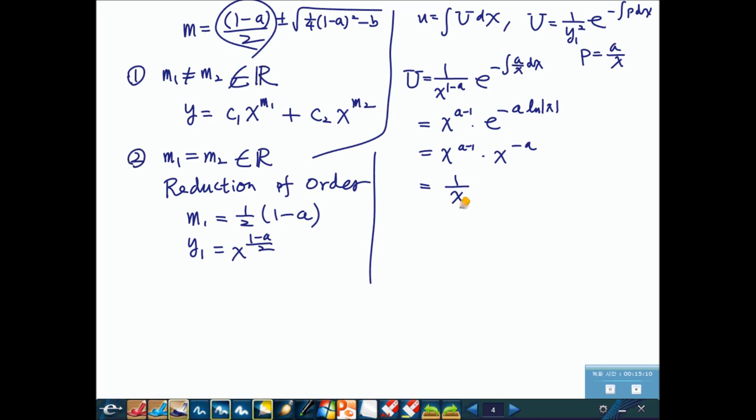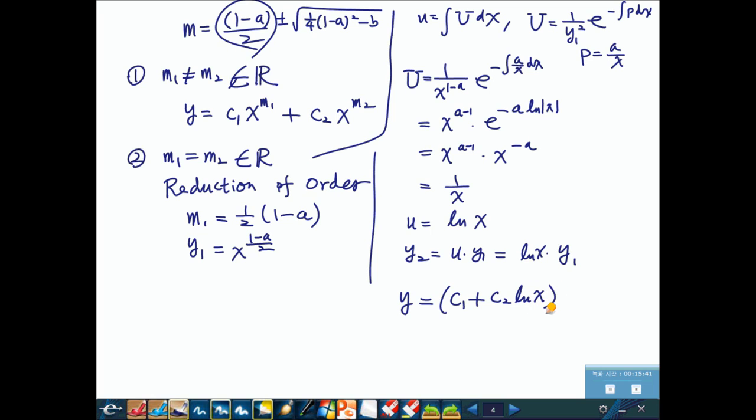That's big U, the separable first order variable. And we need small u, ln x, and y2 is u times y1, which is ln x times y1. So our y for the second case is c1 plus c2 ln x, times x to the m1, or whatever, one root.